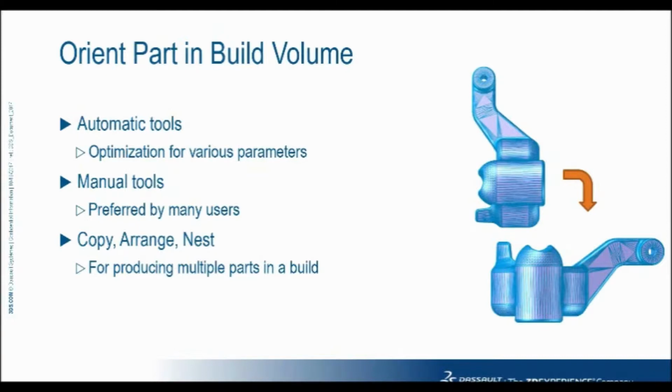I've talked to quite a few users who say they would never trust automation and they will always do it manually because they're going to bring into that judgment what surface finish they want on different surfaces, right? The up-facing surfaces tend to have a smoother surface finish than down-facing surfaces. Well, there's not information in the CAD model in its native definition to specify which surface is more important for the quality.